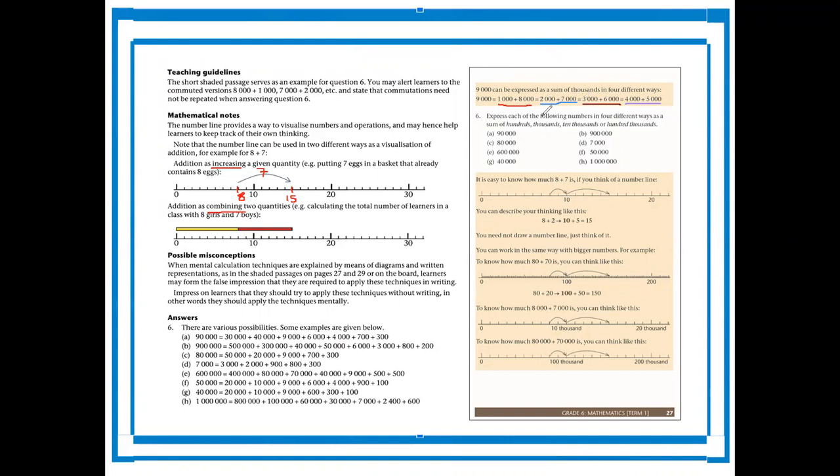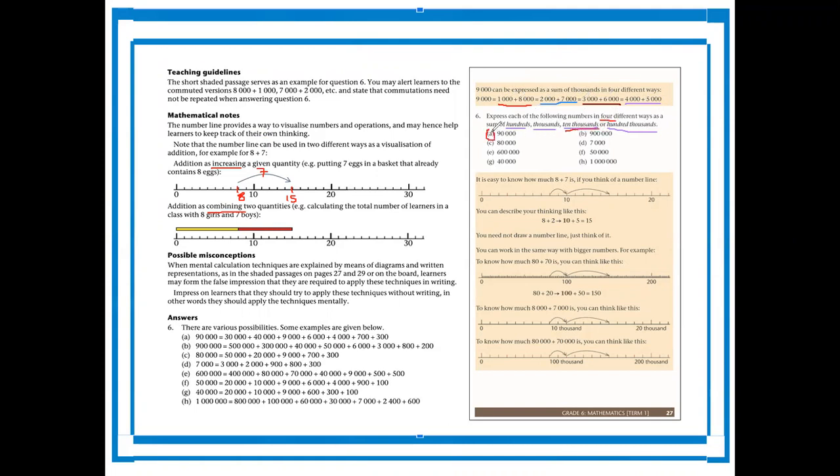Now we are asked to express each of the following numbers in 4 different ways as a sum of hundreds, thousands, 10,000s, or 100,000s. So that means it's dependent on the question. So for question A, we're going to express it in 4 different ways, summing in 10,000s.